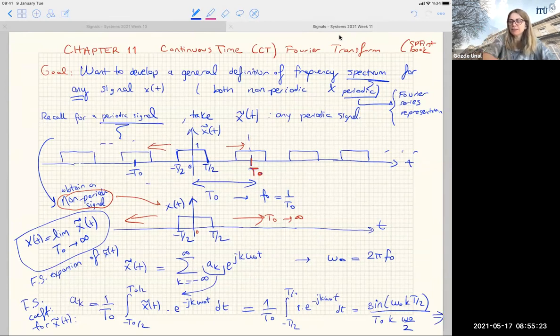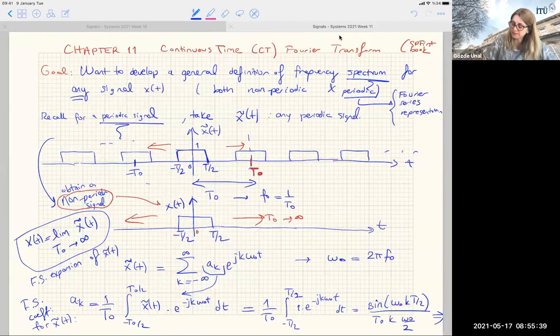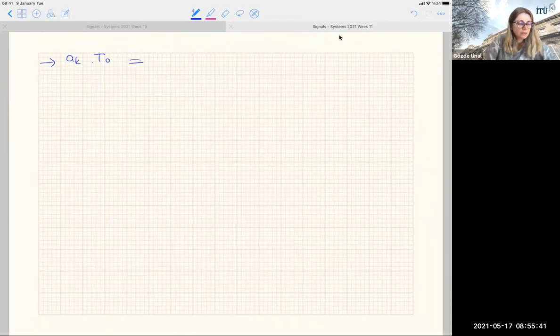It's simple integration, so you guys can really derive this. Here it was T over 2. So let's rewrite this from here. We'll take that T0 next to a_k: T0 multiplies a_k, giving sine of kω0T over 2.